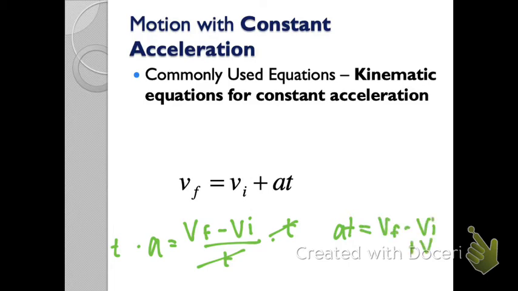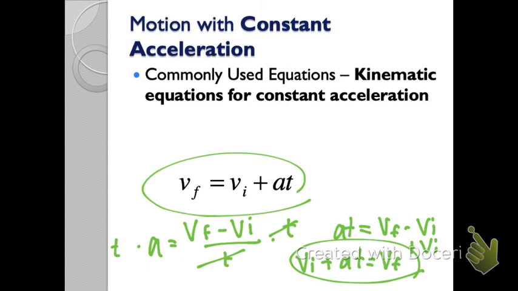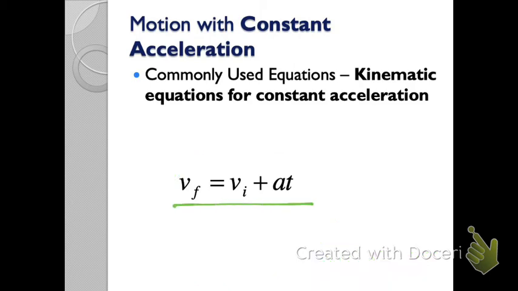If I add VI over to the other side, I would get VI plus AT equals VF. Doesn't that look exactly the same as that one? Yeah. Those 2 equations do the same thing. We will use this version of the equation more often, just because I like the way it's written, okay? So we introduced acceleration talking about the change in velocity right here. And then we kind of move the equation around, and this is considered one of our kinematics, okay? So this is one of our first equations that we're talking about for kinematics.